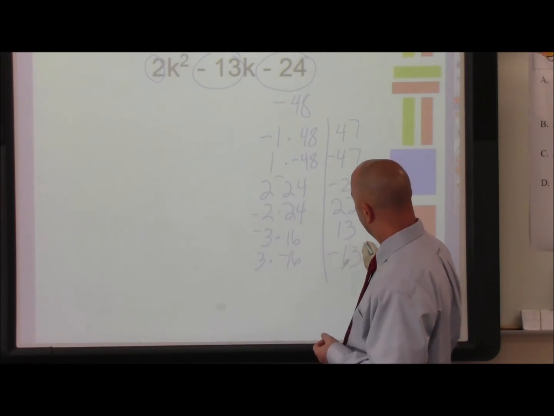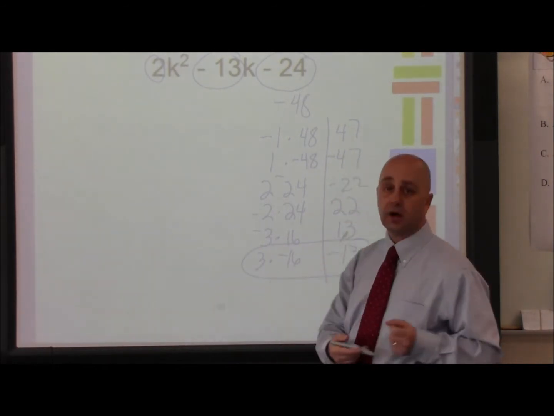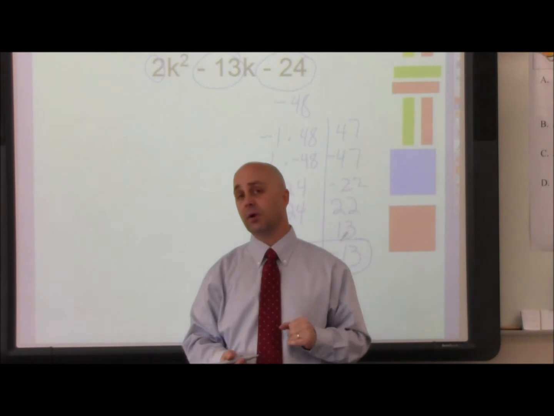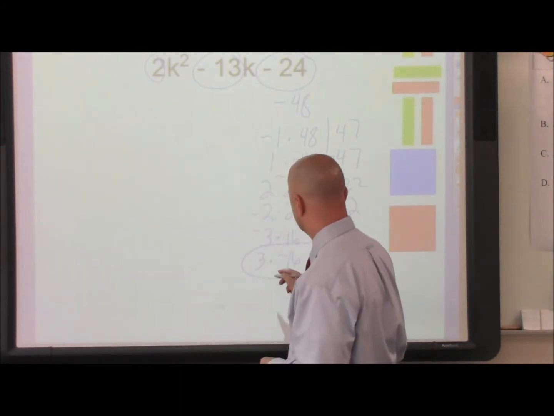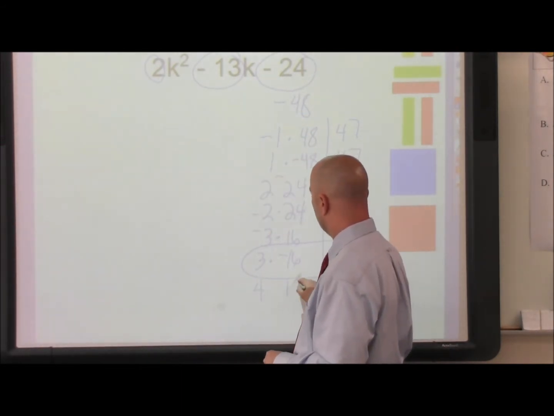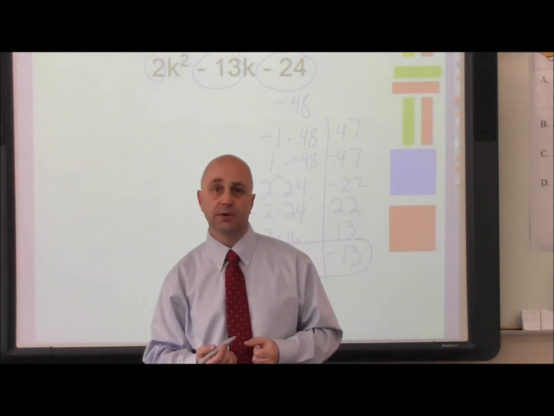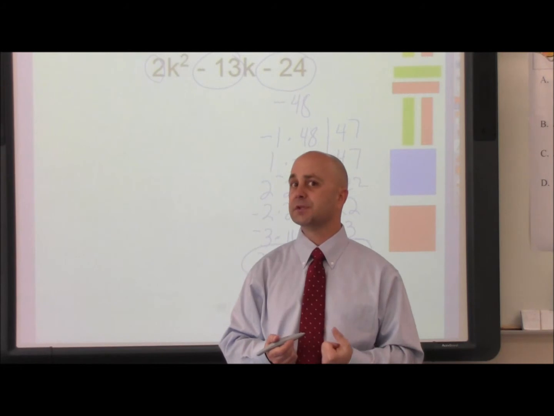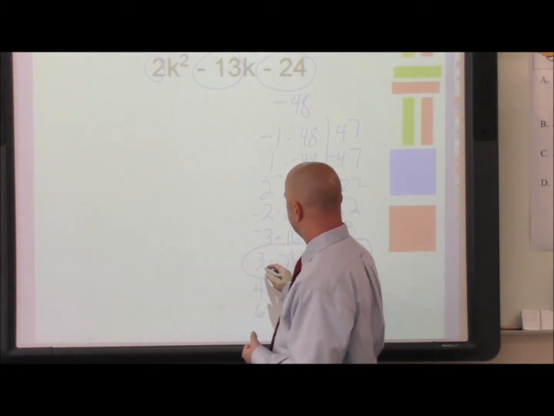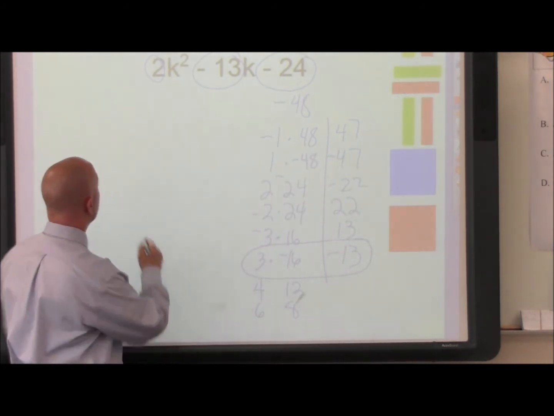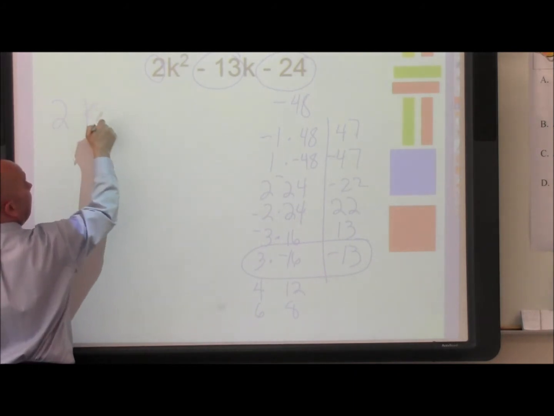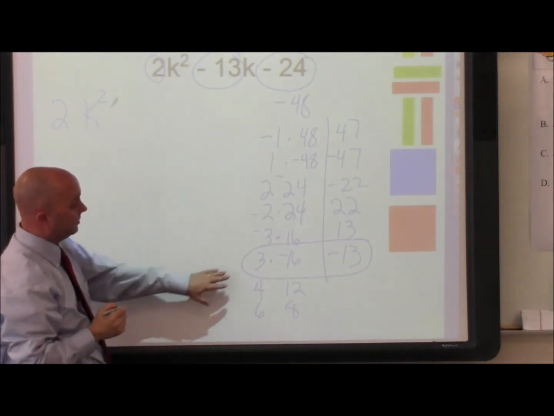So at that point, I have found the one I wanted, but often you need to keep going until you've made the systematic list. We could do 4 and 12 and 6 and 8 and the negatives of one of those and so on. But I don't need to go any further at this point. So now what I would do is take these factors, and I'm going to rewrite the problem 2k squared, and I'm going to use these factors.